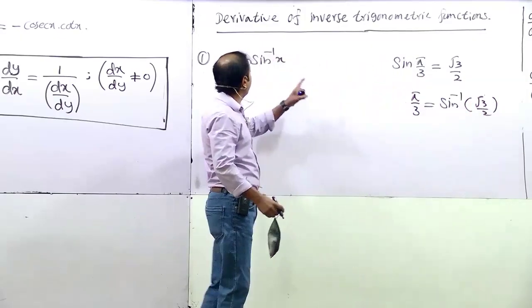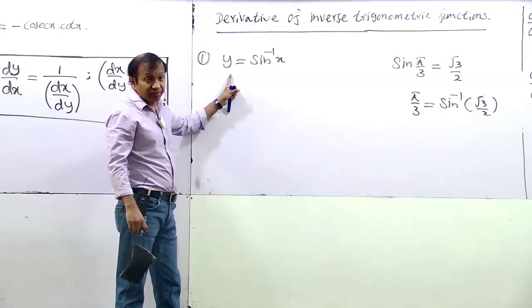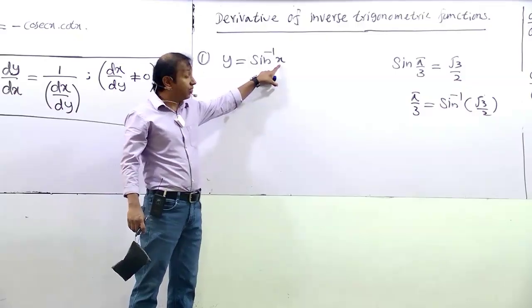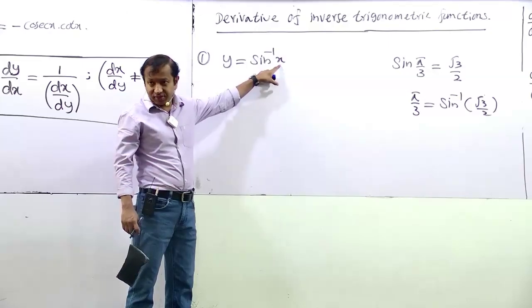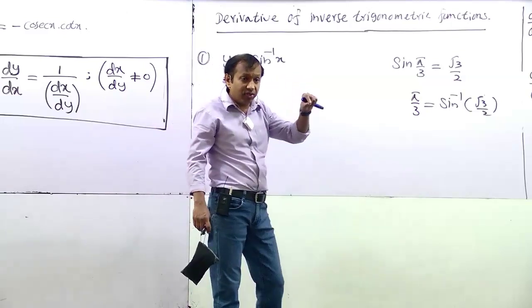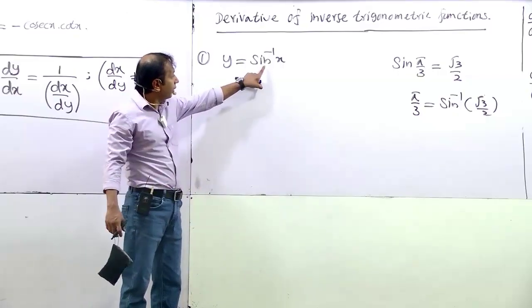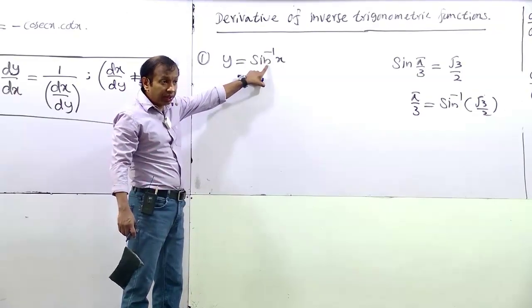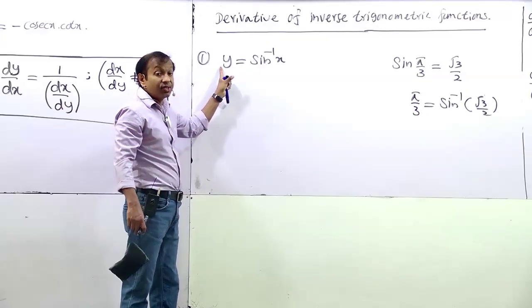Similar to that, we have this now. Then what should this y be? y should be an angle. What should this x be? A real number lying between plus 1 and minus 1. Understand? Okay, why do we say that? For any angle, the sine value lies between minus 1 and plus 1. That's why. Now, by this, you can bring the sine inverse to the left-hand side. Once you bring the sine inverse to the left-hand side, that becomes what? Sine.